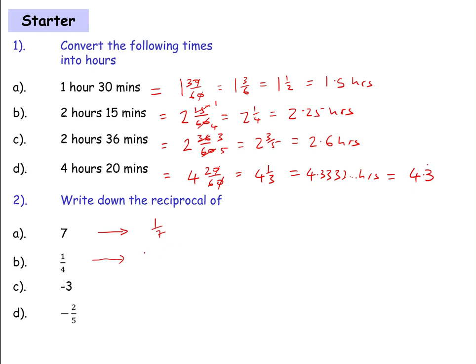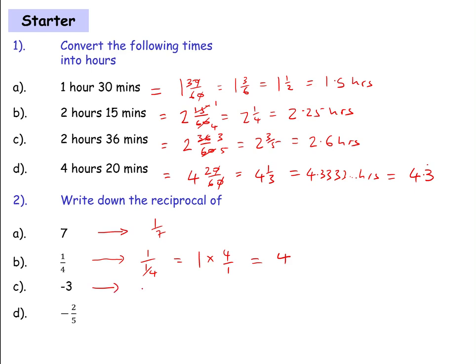What we're saying is 1 over a quarter, which means 1 divided by a fraction, so we flip it and multiply: 4 over 1, which is just 4.